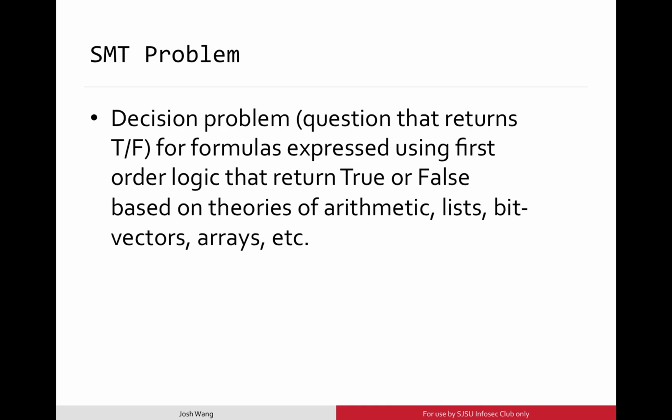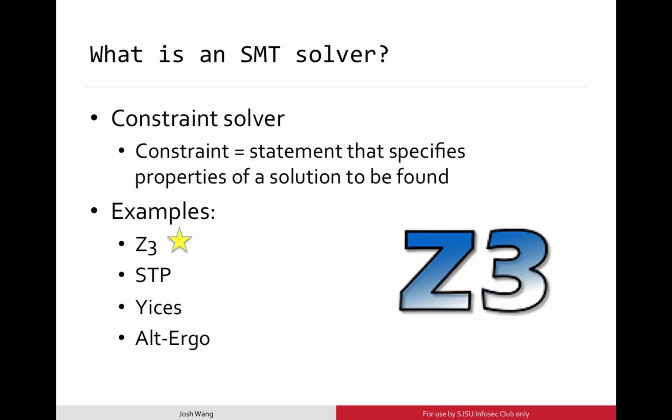An SMT problem is a decision problem, or a question that returns true or false, for formulas expressed using first-order logic that return true or false based on theories of arithmetic, lists, bit vectors, arrays, etc. If this still doesn't make any sense, that's okay. I think it'll become more clear once we talk about how SMT solvers work, but hopefully this gives you a general idea of what an SMT problem is.